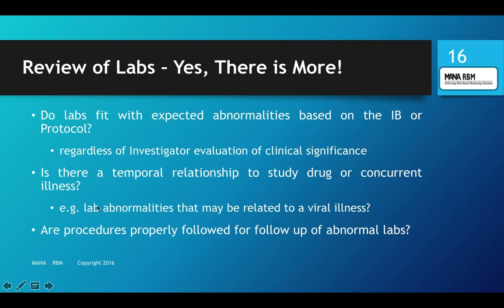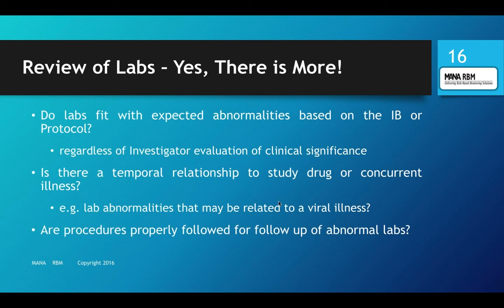And is there a temporal relation to either the study drug or maybe a concurrent illness? For instance, viral illnesses can really affect your hematology, your white counts, even your red counts, even your hemoglobin and hematocrit. So really understand what these abnormalities are and how they might be related. This is something that you need to take ownership of as well.